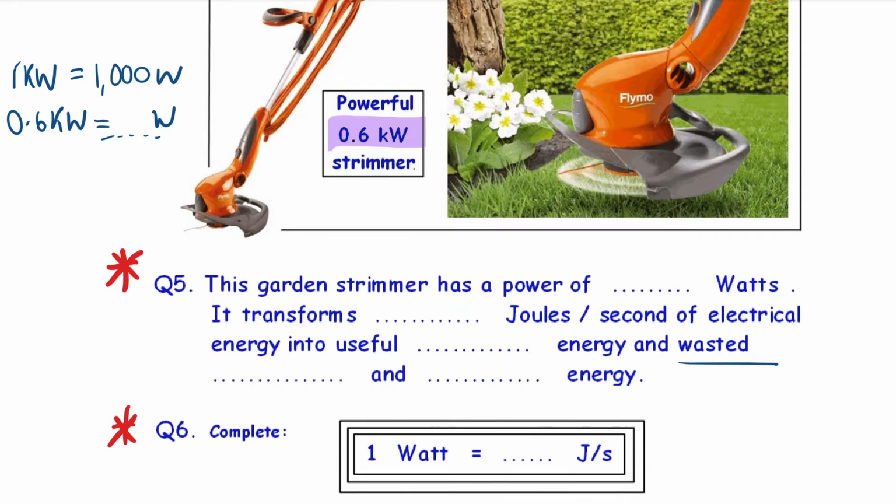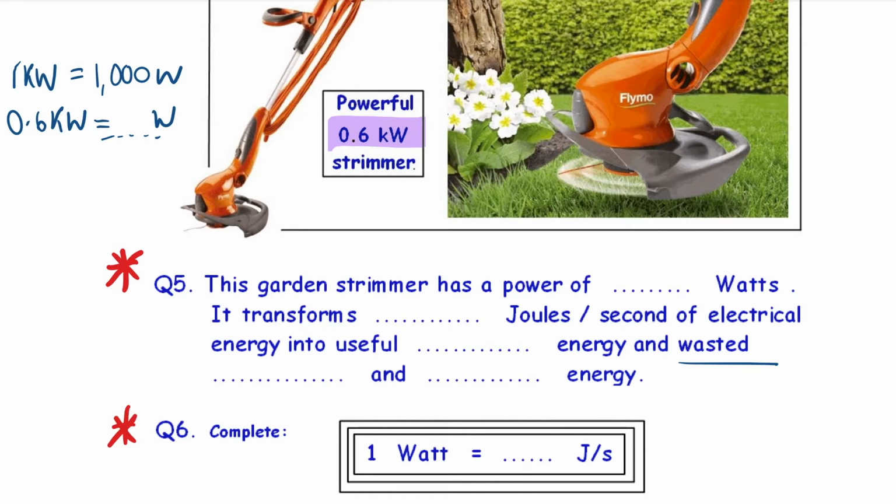You should be able to work out what's the wasted energy. Remember, the useful energy is what you want the appliance to do or to convert energy to. The strimmer there, you can see, is strimming the grass.